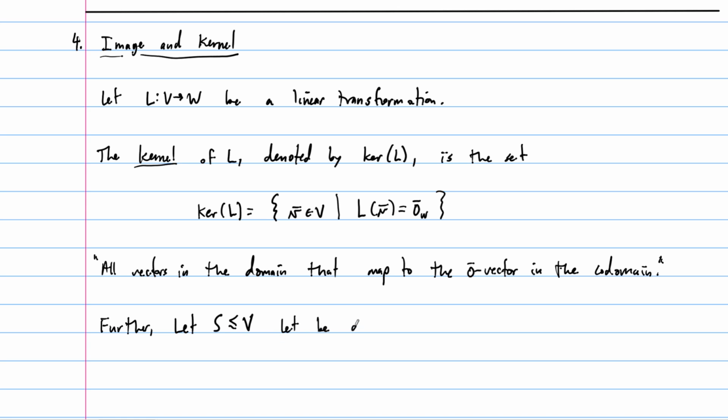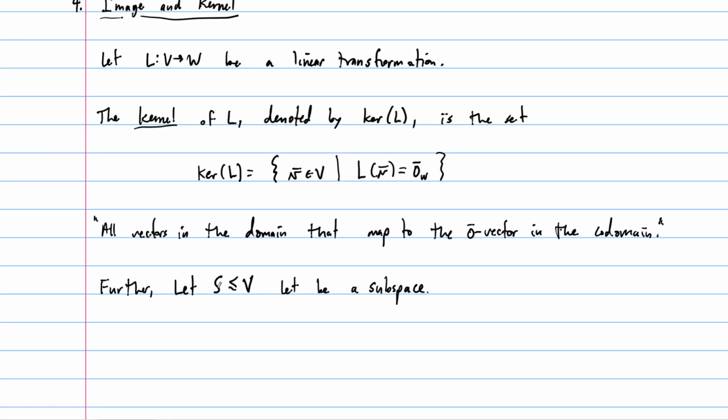It's important here that we've started off with a subspace for reasons that we'll see soon. When I say it's important, it's not required, but it is important, okay? You could define what I'm about to write for any set, but we want to keep in mind that we're defining it for a subspace.